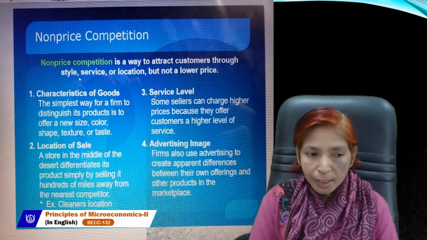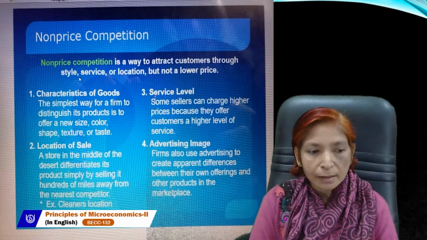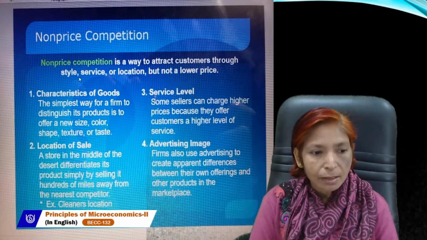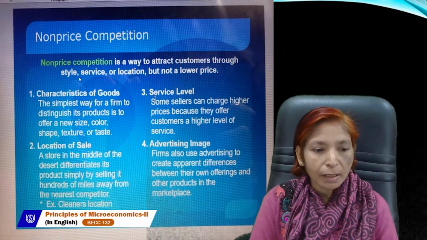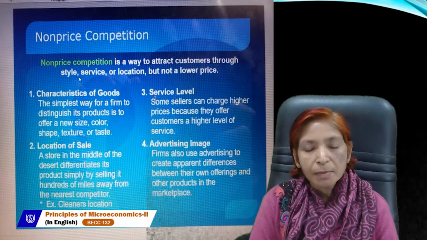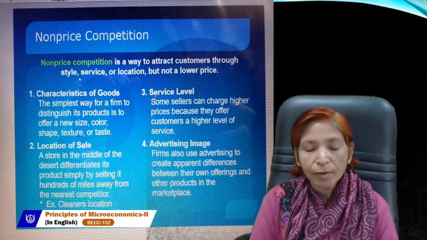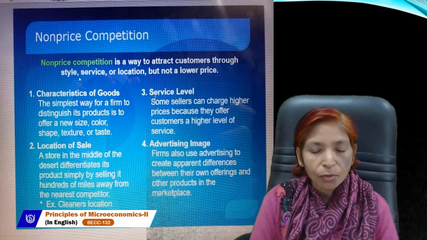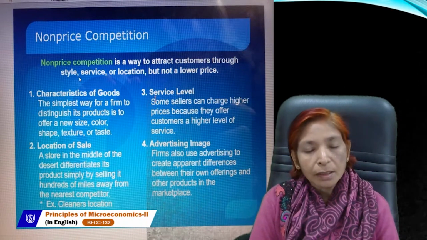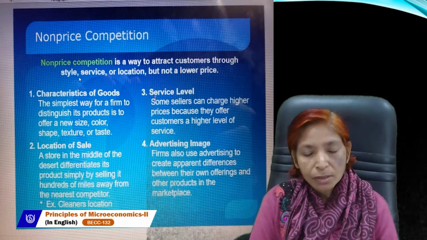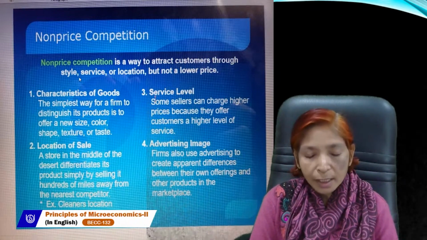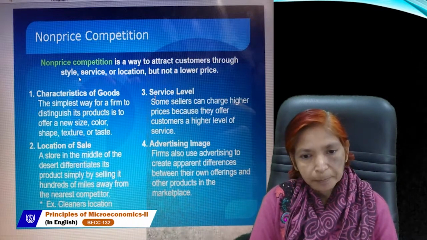Or location of sale: a store in the middle of the desert differentiates its product simply by selling it hundreds of miles away from the nearest competitor, like a cleaner's location. Sometimes they provide services, like some sellers provide free home delivery to attract the customer, so that customers always buy from those sellers who provide free delivery or free home services.